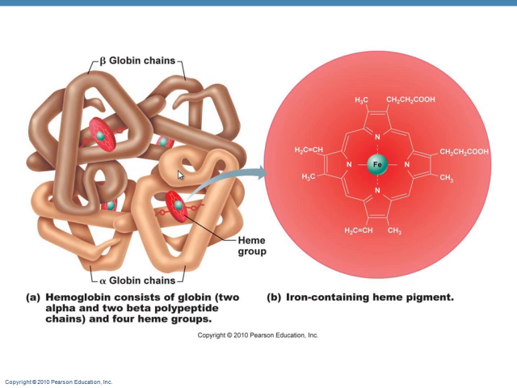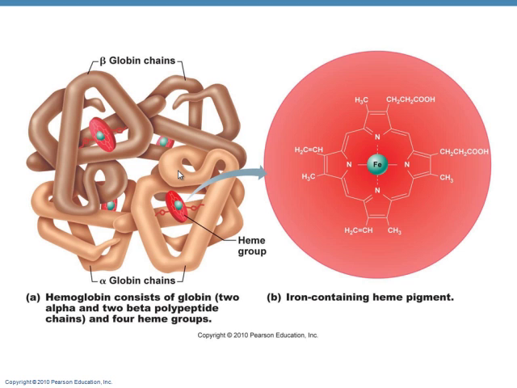So it's a protein, and it's, ready? 1, 2, 3, 4 tertiary proteins put together. Yes? What are the protein globs called? They're called alpha globulin and beta globulin. So there's 4 of them.